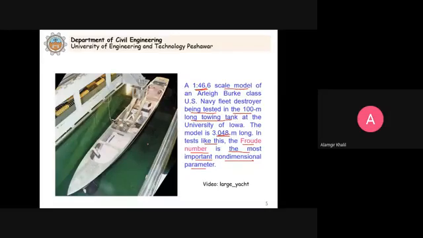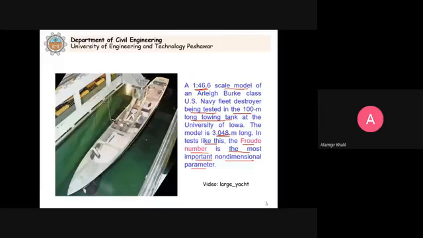Clear? Now an example like this will be of interest to the students of naval architecture. In naval architecture, they study the design of such vessels. Clear?